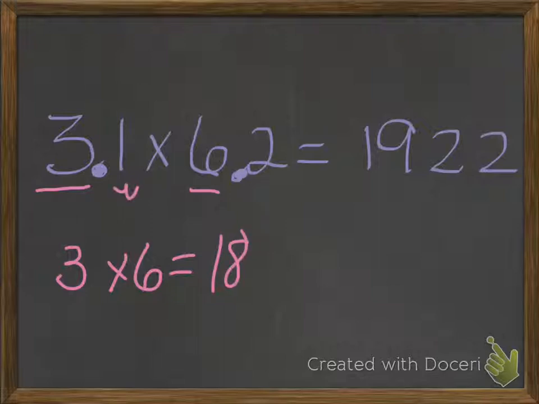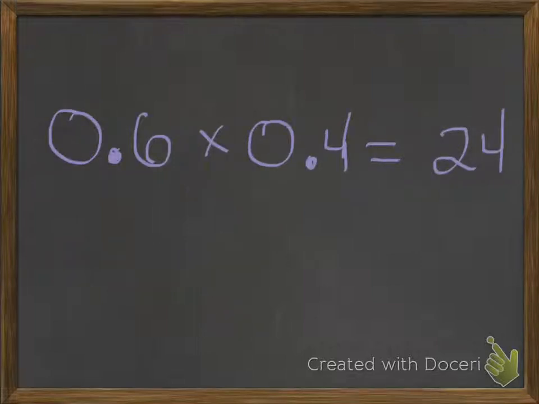We have a little bit more than 3, a little bit more than 6, so my answer is probably going to be a little more than 18. If my answer is a little more than 18, where would the decimal go in 1922? It should go right here. So the number is 19.22. That's a reasonable answer.